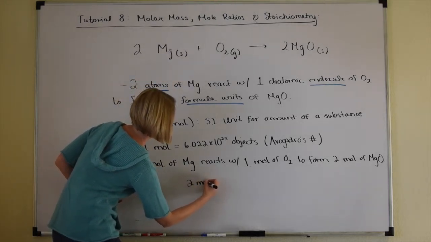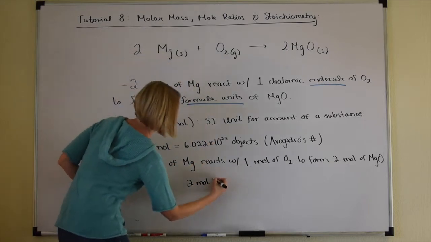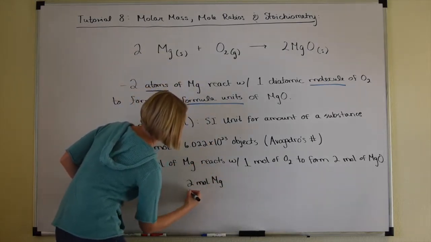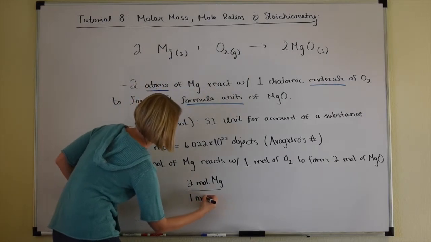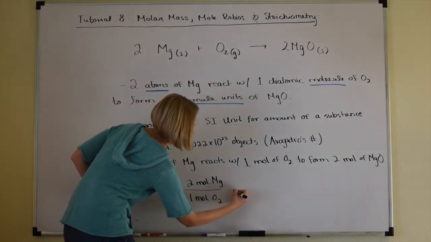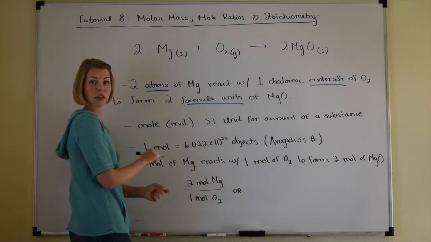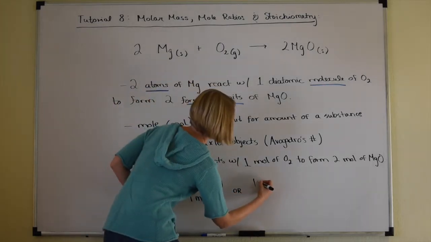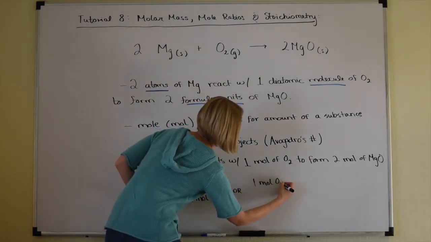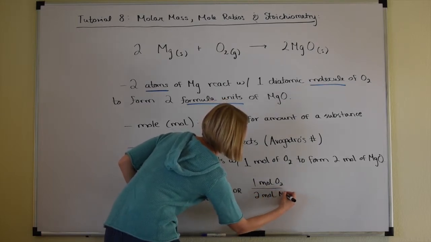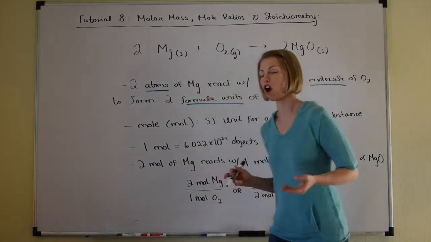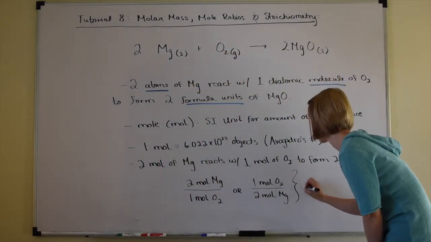So 2 moles of magnesium for every 1 mole of oxygen. Or you could write it reversed, that would be okay too, as 1 mole of oxygen for every 2 moles of magnesium. These ratios are called mole ratios.